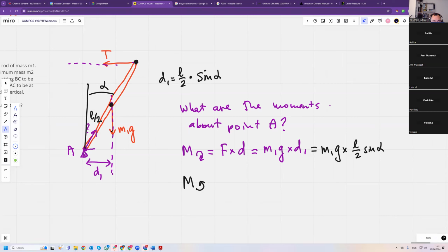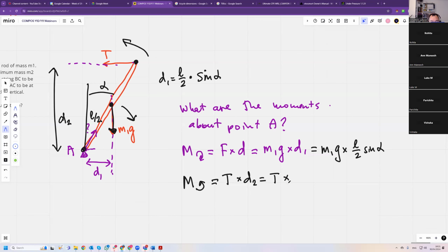So the M1G, this force, is attempting to rotate it clockwise, that way. And this force is attempting to rotate it anticlockwise. So it's equal to T multiplied by the distance from the pivot to the line of force. So D2.